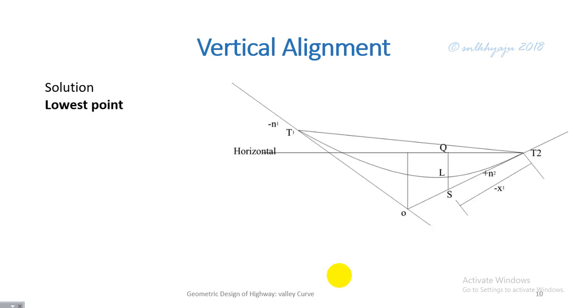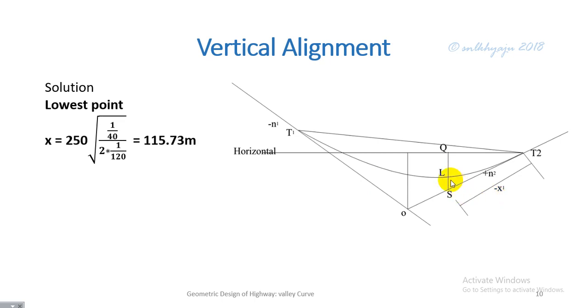And for the lowest point, since this is an asymmetrical valley curve, as the descending gradient and ascending gradient are not equal, the lowest point lies on the flatter slope, that is 1 by 40.